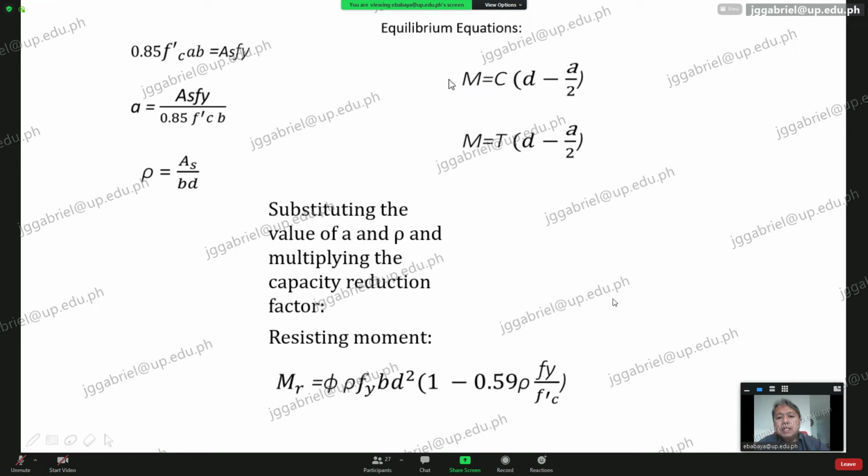Just add phi here. Multiply phi in here. So MR is equal to phi times M. We have the value for C, and then A, you also have a value here. Just substitute those values. You retain the D. You should come up with this equation.